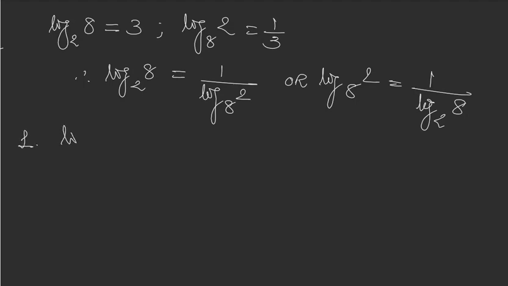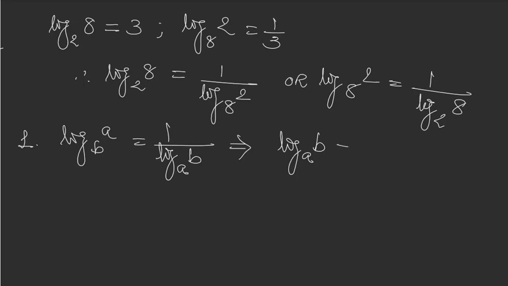It says that log of a to the base b is equal to 1 upon log of b to the base a, which also implies log of b to the base a is equal to 1 upon log of a to the base b, right? So this is your first identity.